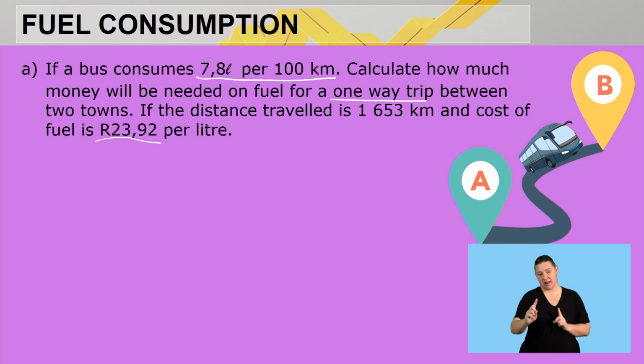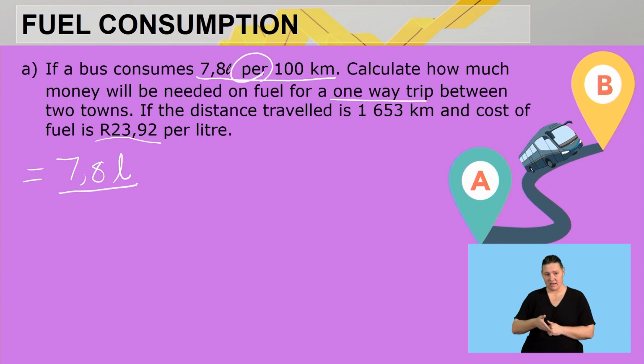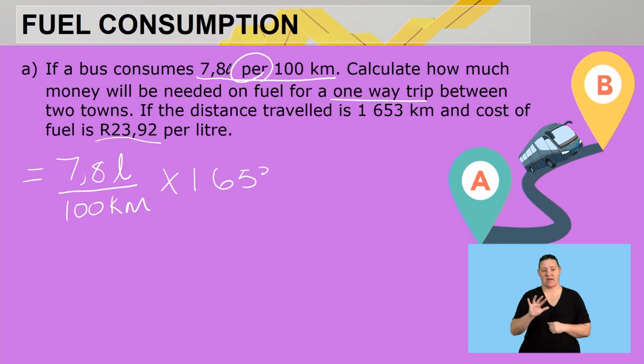Firstly, this is how we are going to be calculating the money that is needed. We are going to take 7.8 liters per 100 kilometers. This is how you write it. Multiply by the distance to be traveled, which is 1,653 kilometers.